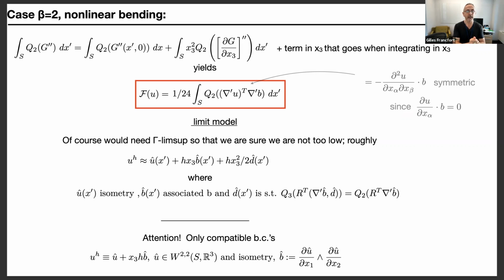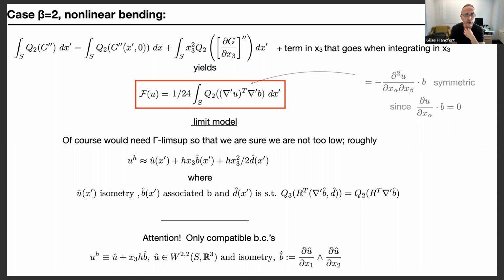So you're going to take a u hat, which is an isometry. You're going to take the associated b hat, and then you're going to construct u_h the way I wrote it. D hat is the result of the minimization process with respect to the third line and third column. Okay, and you do that, and so you get that. No, you haven't gone too far down, and this is your energy.